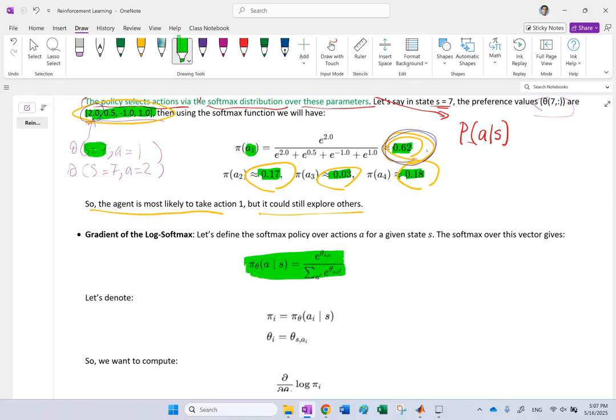Here we use some notation to make those operations I just mentioned a little bit simpler. At any state, the value of the policy for a specific action, like these 4 numbers that I showed you, we show with pi i.